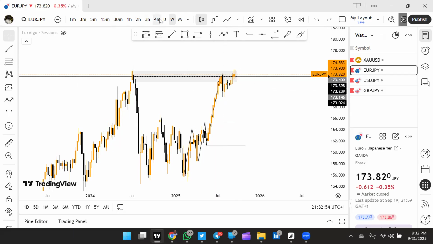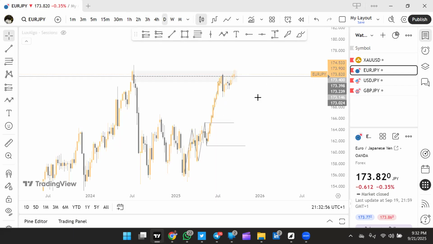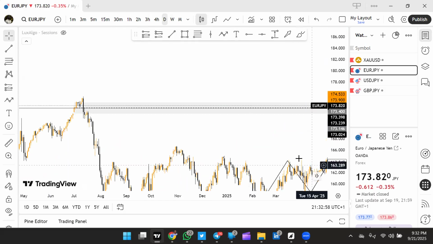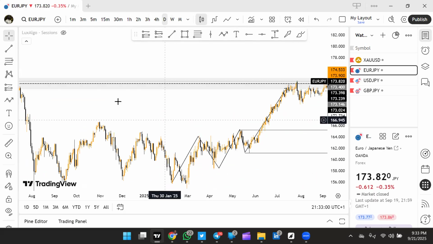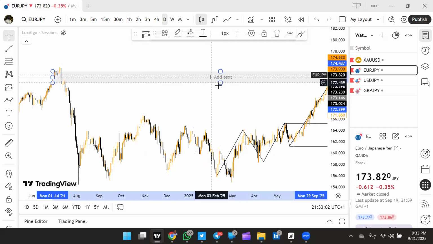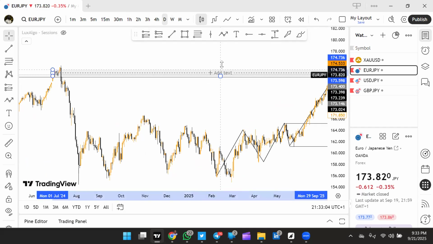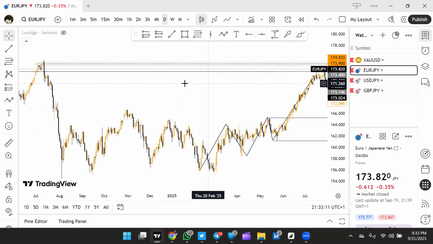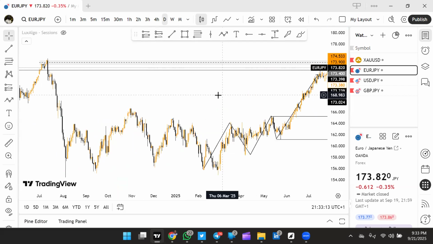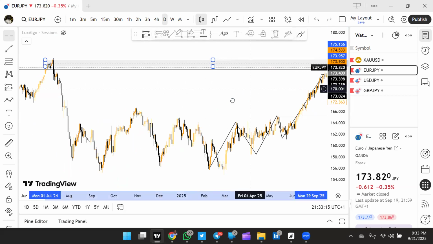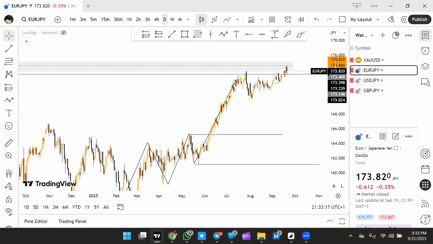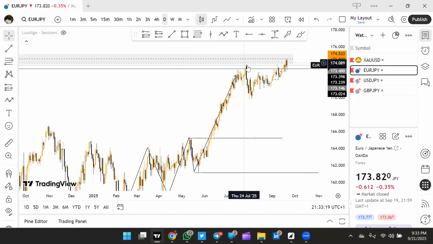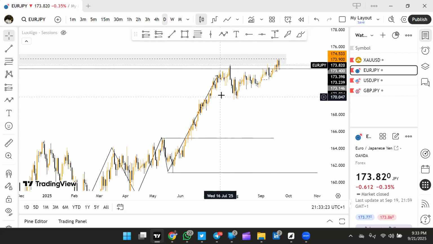Now let's go to a lower time frame, the daily time frame. We can refine that supply zone. So let's say the market taps into the supply zone on the daily time frame.